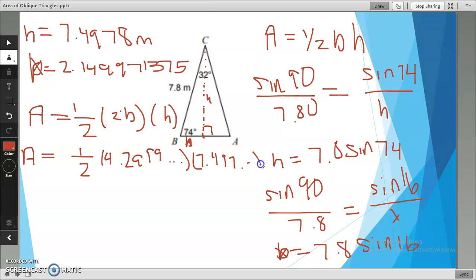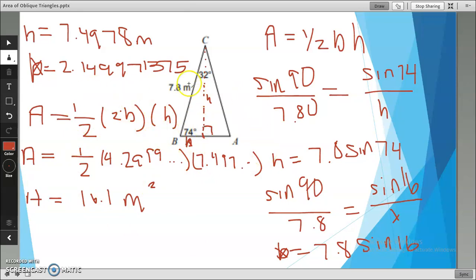So my area, when I multiply all of that out, is 16.1 meters squared.